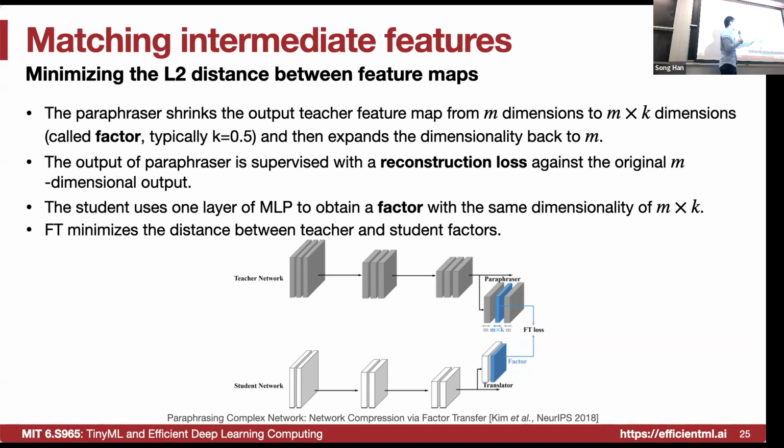Then we try to reconstruct this feature map by another linear layer, projecting it to m channels. So this is acting like an autoencoder. And here we try to match the output distance between these two feature maps, the feature map generated by the teacher network versus the one generated by the student network.